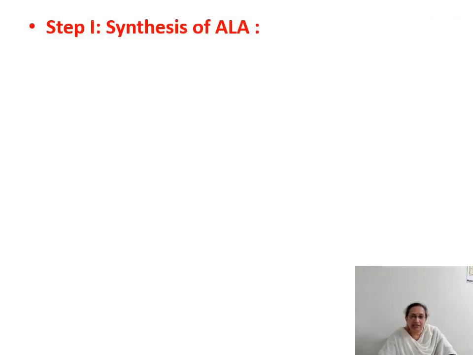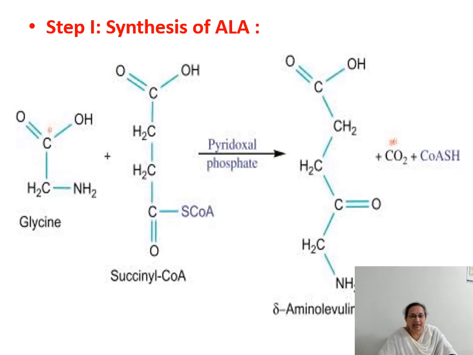Step 1 is synthesis of delta aminolevulinic acid. It is going to be synthesized from 2 substrates. The first substrate is one of the simplest amino acids, that is glycine. Glycine condenses with one of the intermediates in the Krebs cycle, that is succinyl-CoA. The origin of the succinyl-CoA is from the TCA cycle. So we all know the TCA cycle is taking place in mitochondria.